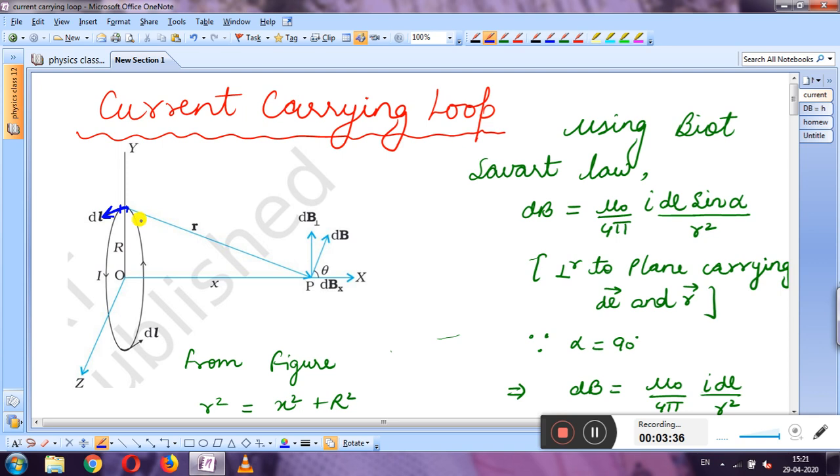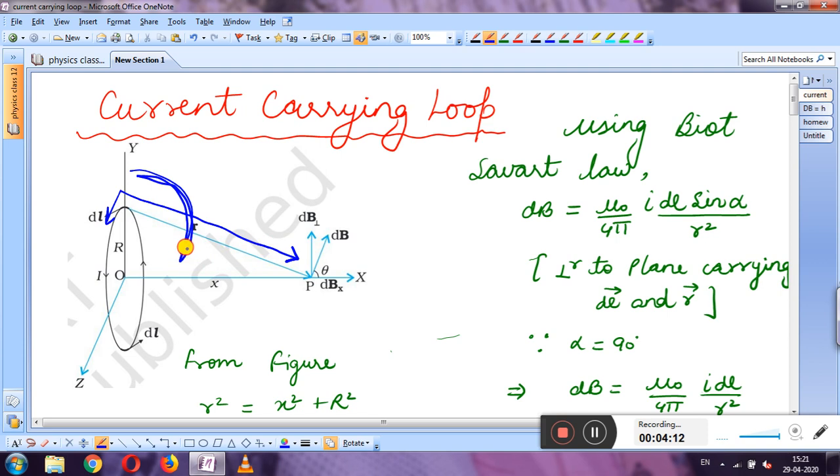After this, you just check: this loop was present in the YZ plane, so we can say this dl vector will also be in the YZ plane. There is a vector present in the YZ plane, and there is a line going towards point P. This line you can say is in the XY plane.